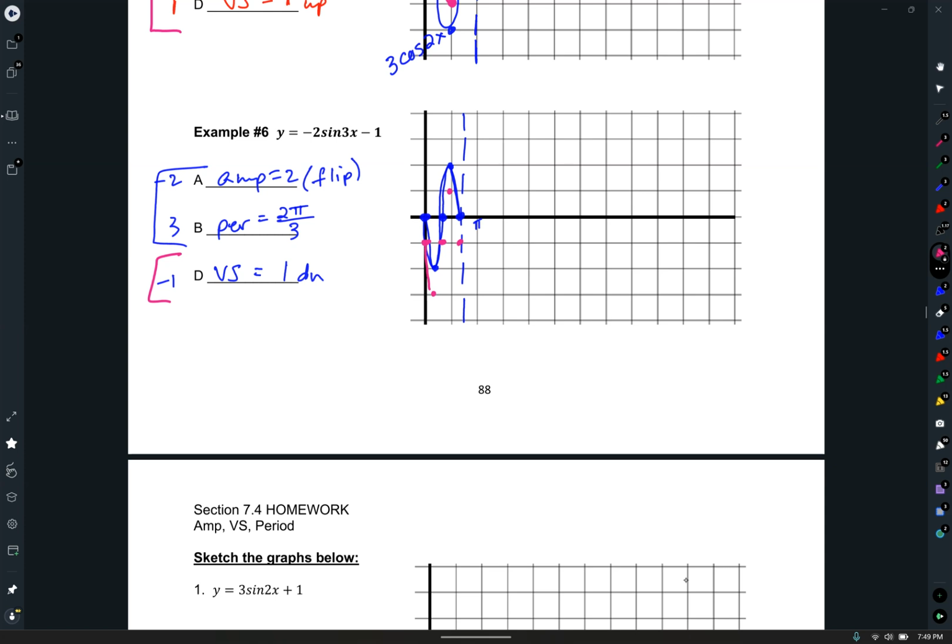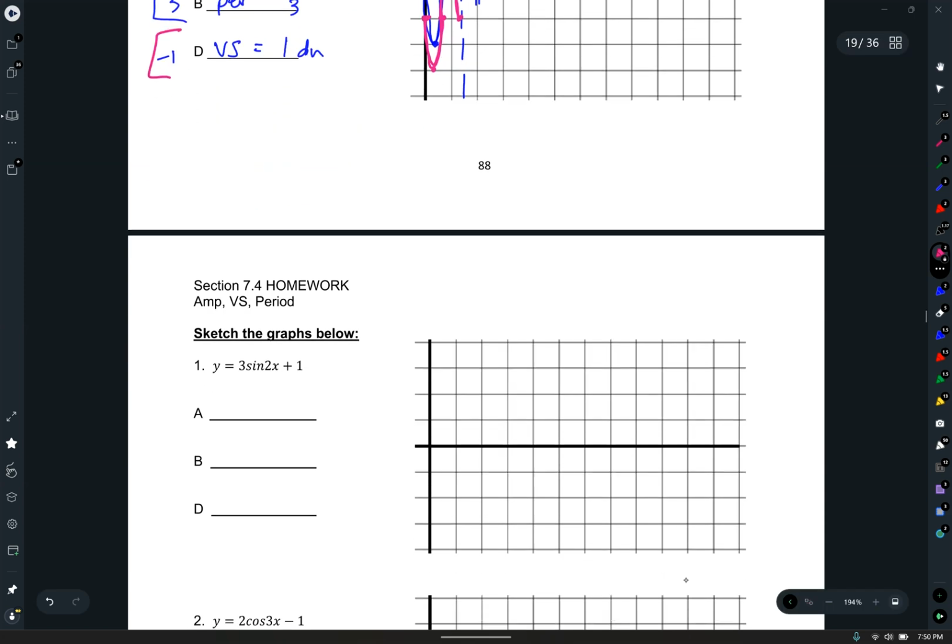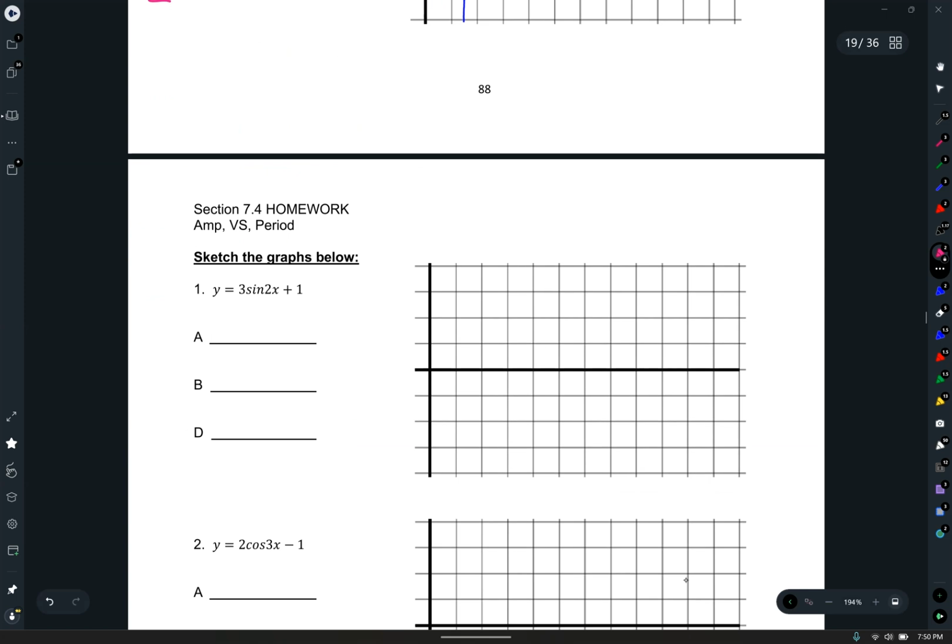So here is my final graph that represents all 3 pieces. Okay, so you'll notice then that the homework is going to bring in all 3. So I want you to do the same thing where you do the first graph that brings in the amplitude and period, and then the second graph will bring in the vertical shift.